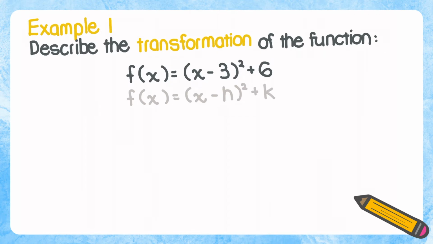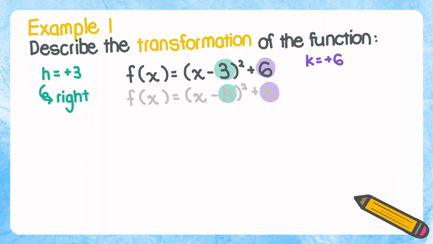And we have an exact match. So let's label h and k. H is replaced by 3, so h equals positive 3, which means we would move to the right. And k is replaced by 6, so k equals positive 6. We would move up. So we are moving both up and to the right.